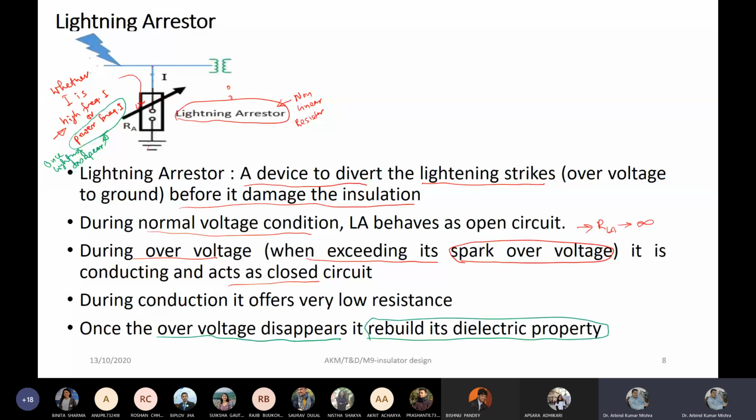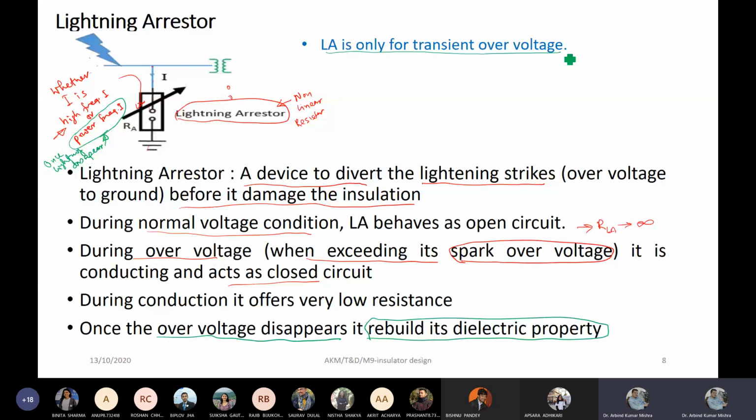What does it mean? That this lightning arrestor is not expected to operate even for temporary over voltage, because if it were expected to operate for temporary over voltage as well, it could not distinguish, and it could not rebuild its dielectric property in the case of power frequency. So this lightning arrestor is designed to operate only for transient over voltage.